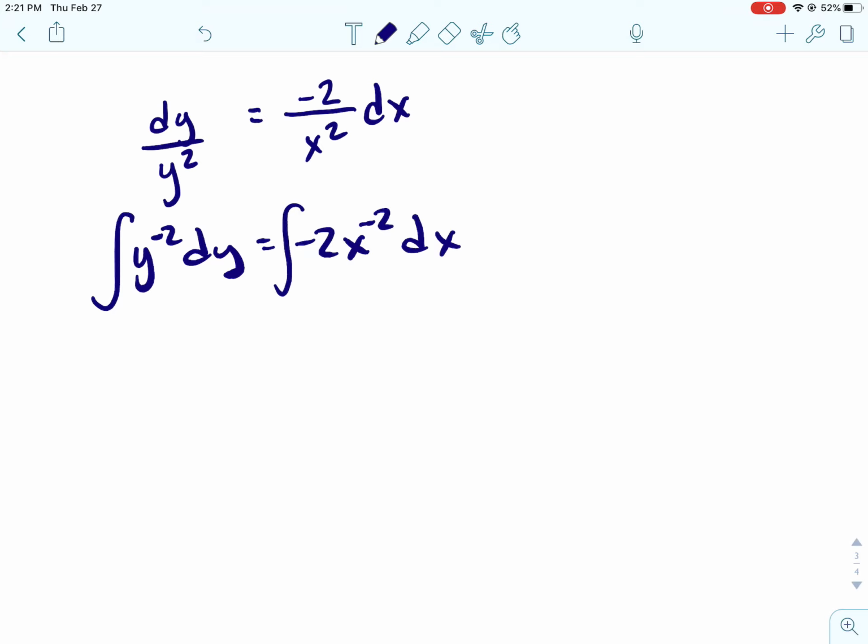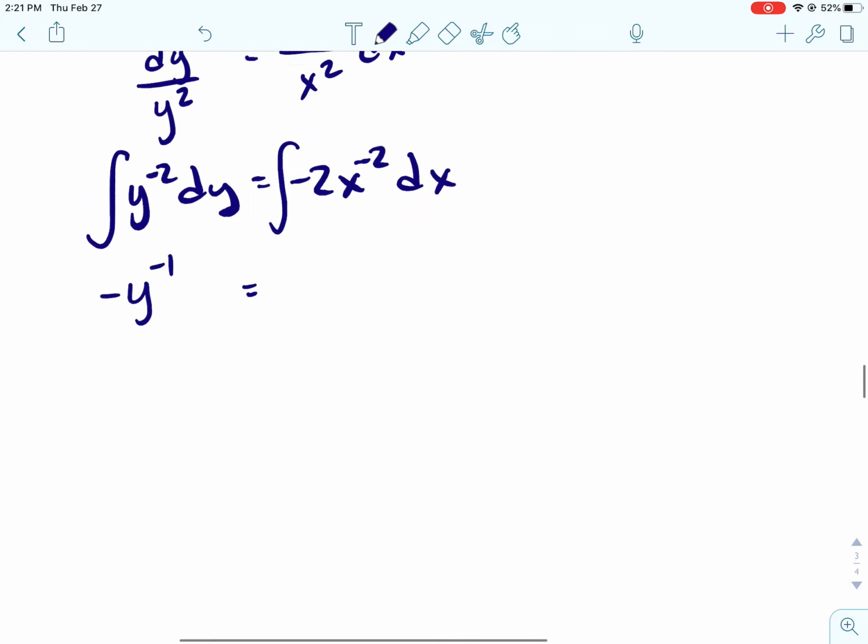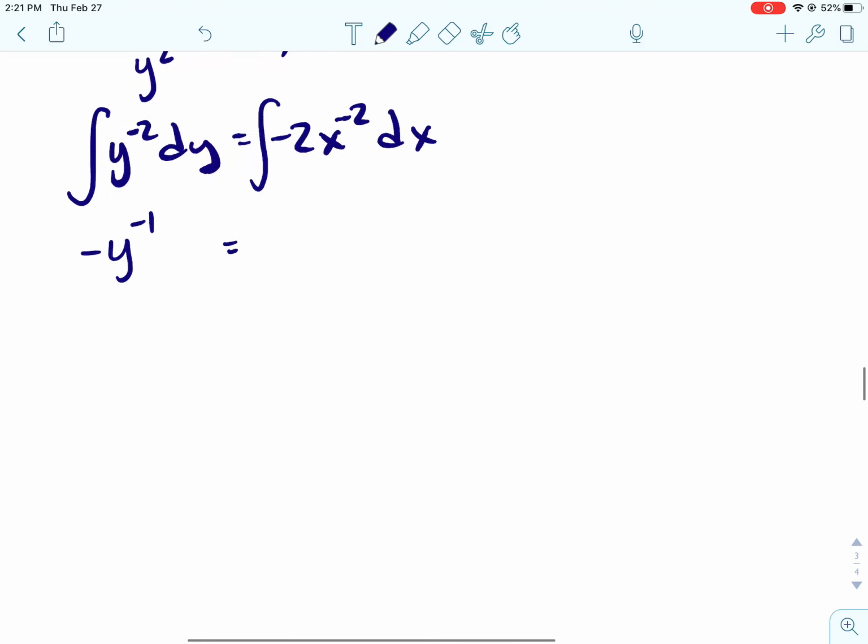All right, so now we're ready to find the antiderivative. So we're going to add 1 to negative 2 and divide by that. And that is also our new exponent. Same thing on the other side. Add 1 to negative 2 and divide by that, and it is our new exponent.